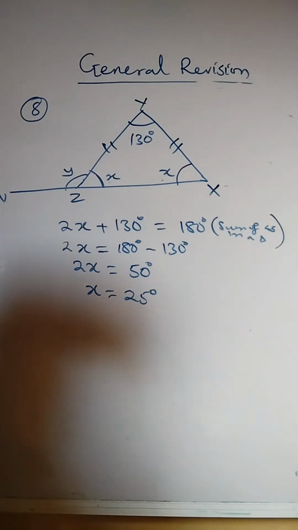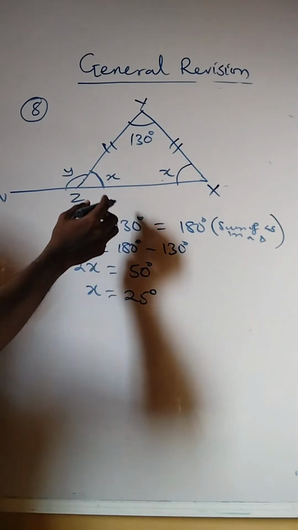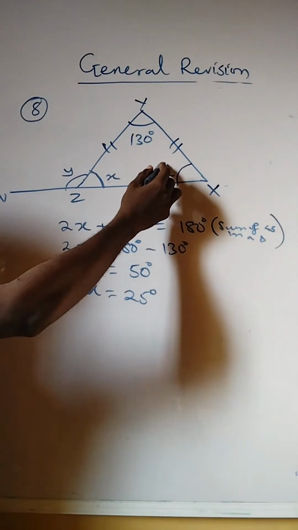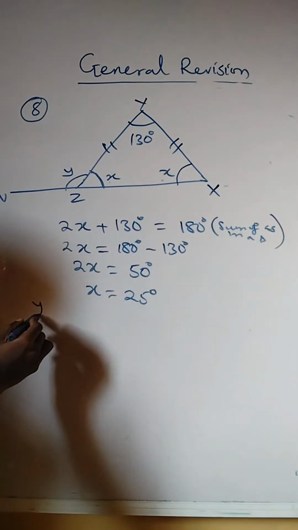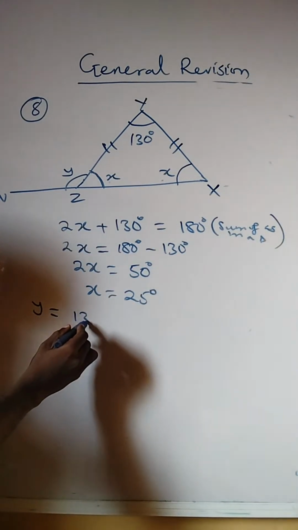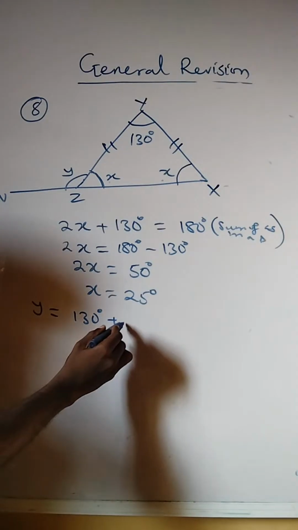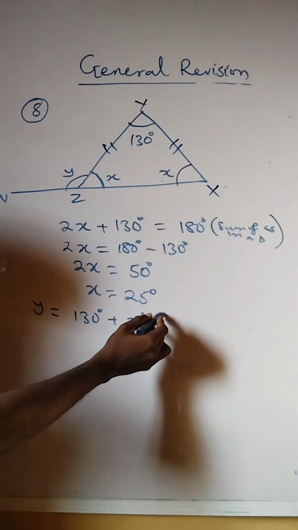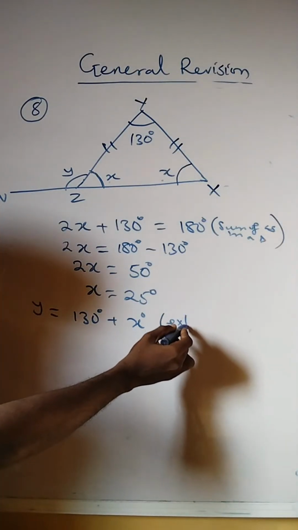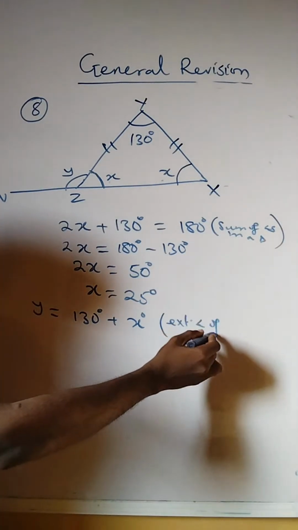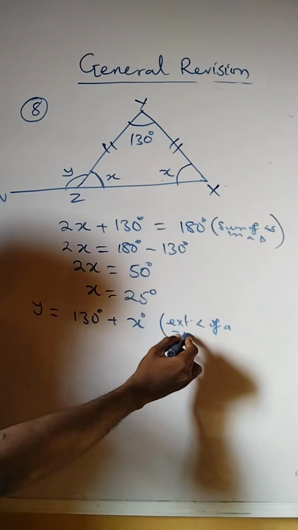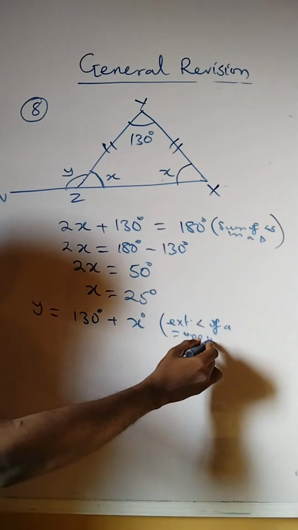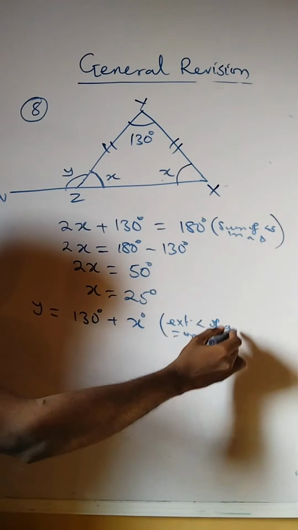Now, if x is 25 degrees, we can handle this one in two ways. First, we can say y equals 130 degrees plus x. This angle is an exterior angle of a triangle, which is equal to the sum of the opposite interior angles.